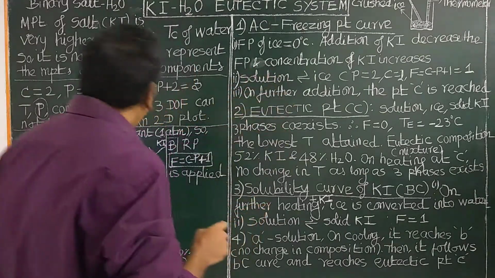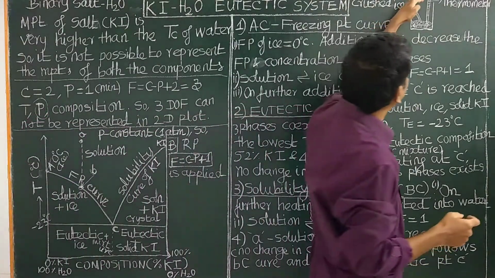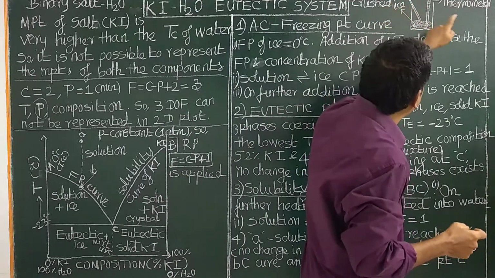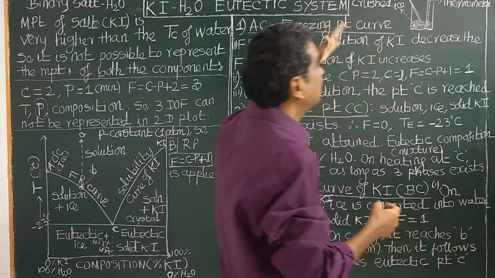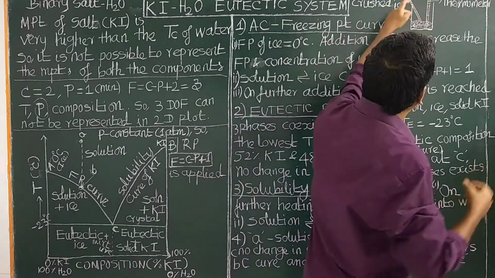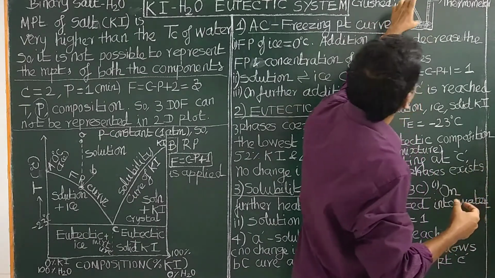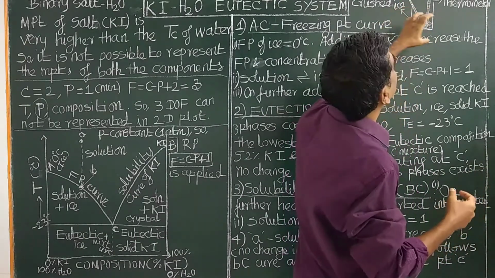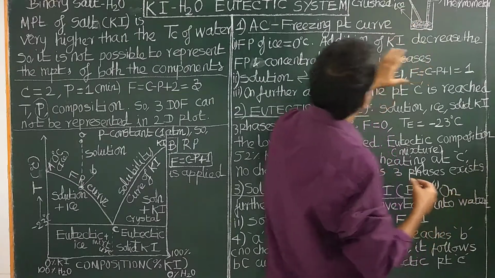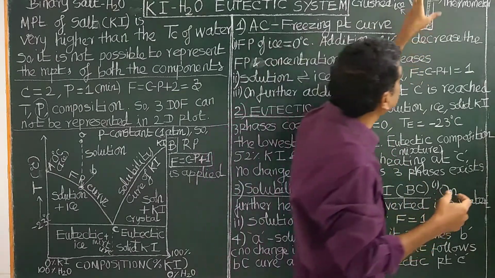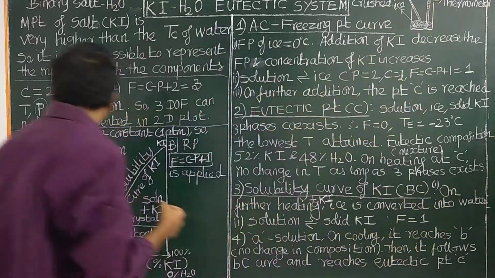Now you add KI to the ice. What will happen to the freezing point? For example, you have taken 100 gram of ice and you add 1 gram of KI. On adding KI, the melting point decreases.